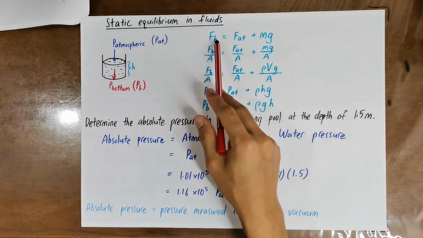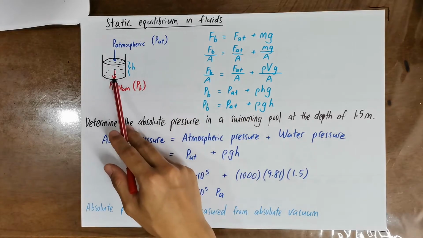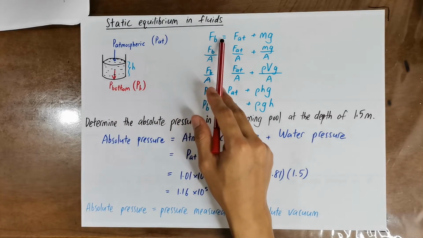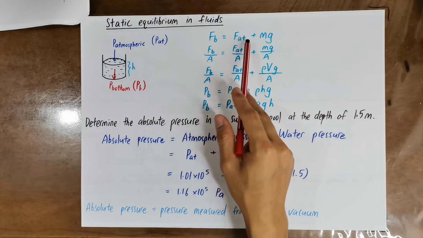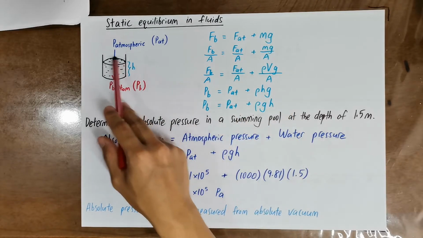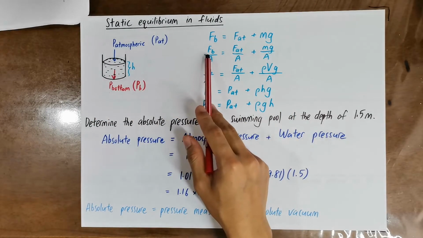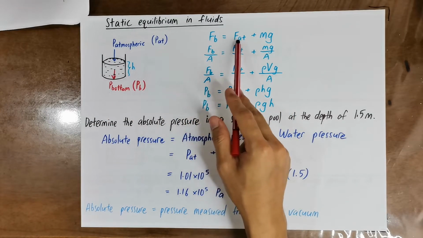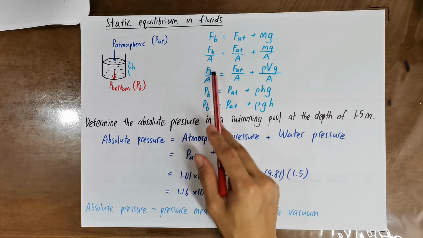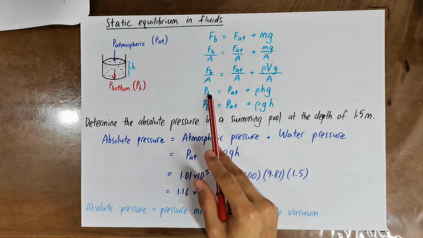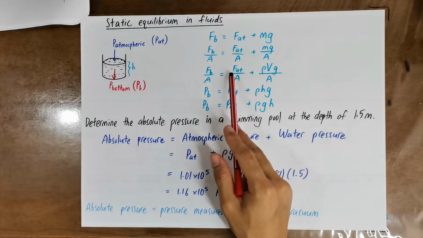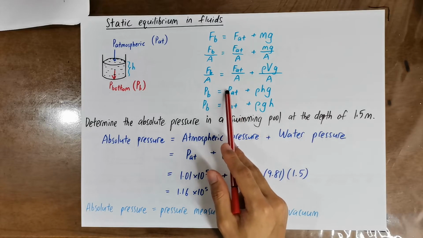The force that you feel at the bottom of the cylindrical beaker is FB, and FB is equal to the atmospheric force plus the weight of the fluid in the beaker. Then you divide all the terms by area. So FB over A is PB, the pressure you feel at the bottom, and the atmospheric force over area is the atmospheric pressure.